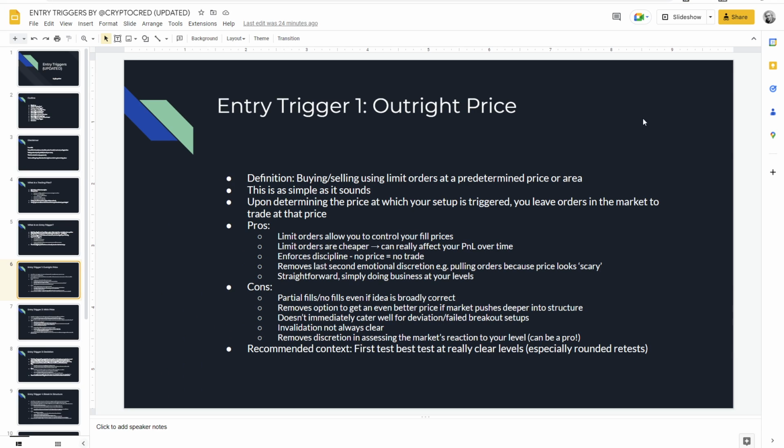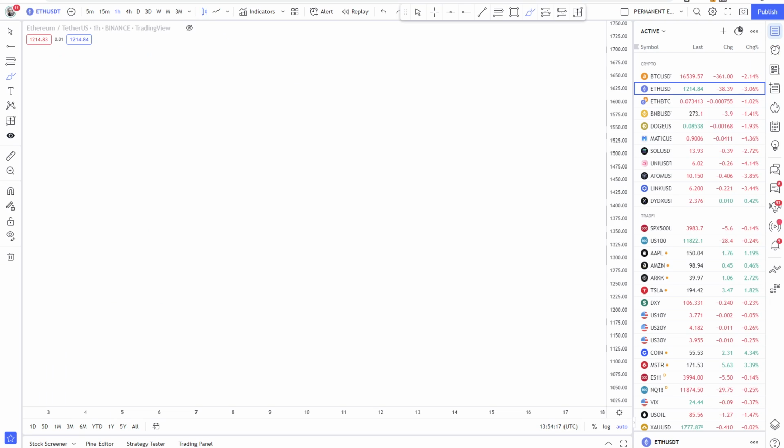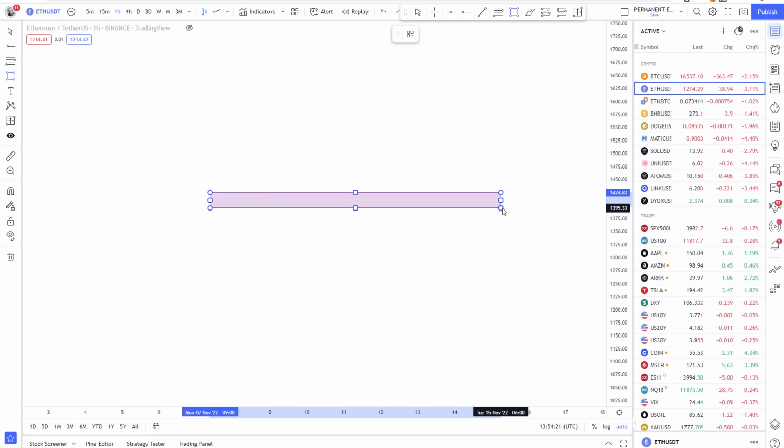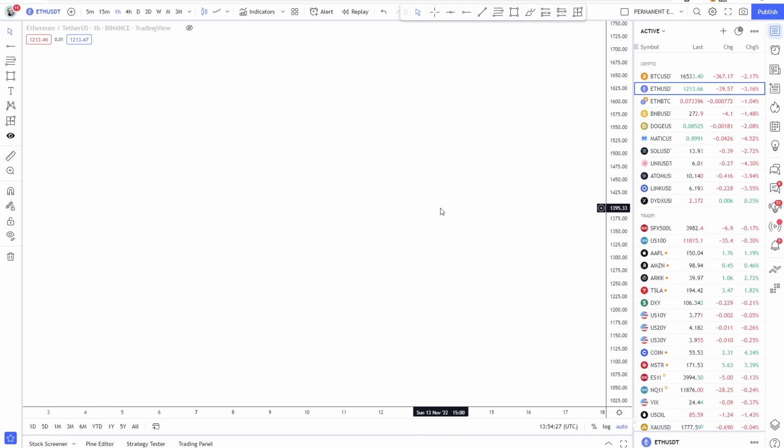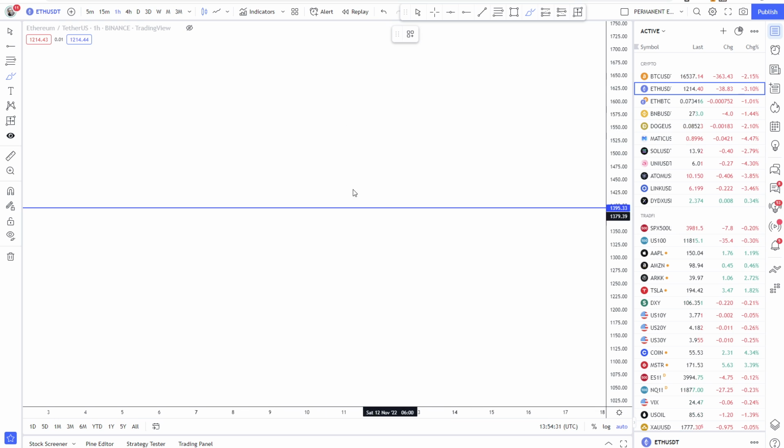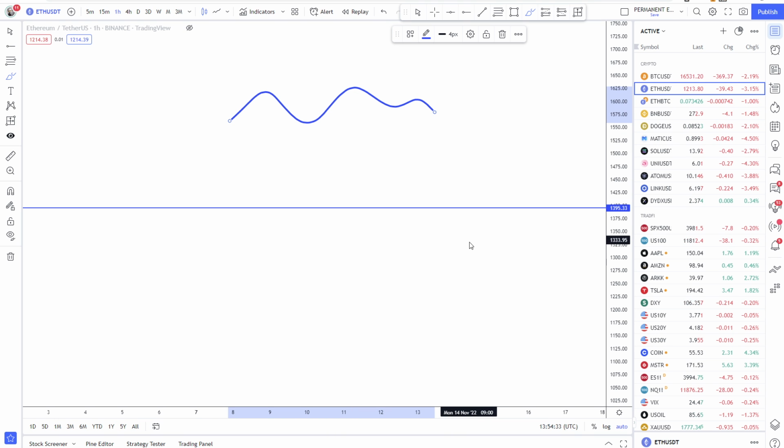Before we cover some pros and cons, we'll just quickly go over what that looks like. Again, first the TradingView example, then we'll look at some charts. Let's say, once again, our social media example, this is your area of support, or maybe a more explicit version is you have a level here where you think the market's going to bounce, and the market's somewhere up here. You leave a limit order to buy at that price, and if the market comes in and trades there, your limit order gets filled.